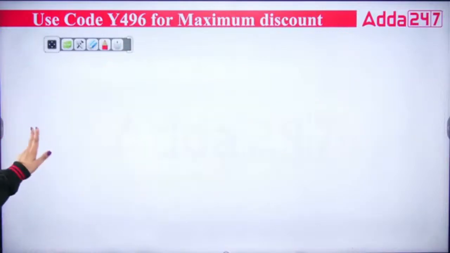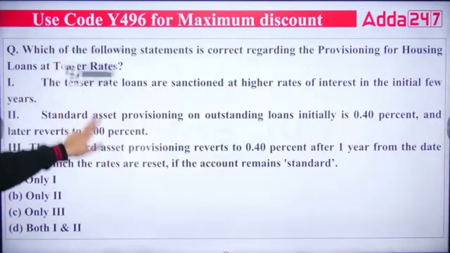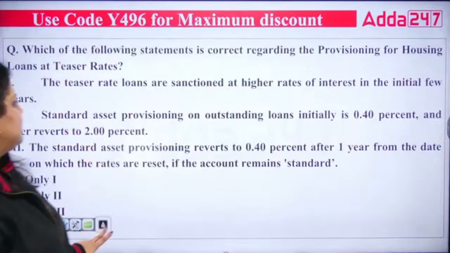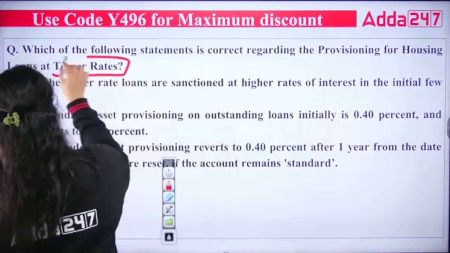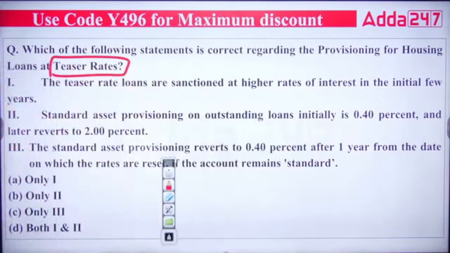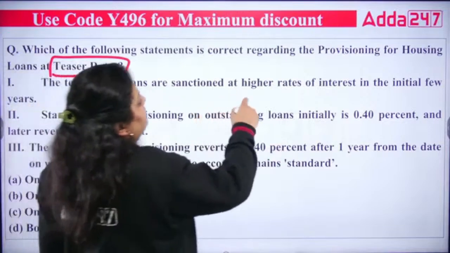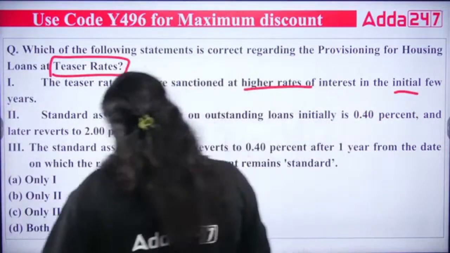Okay. Next question. Next is talking about which of the following statement is correct regarding the provisioning for housing loans at teaser rate. First is saying the teaser rate loans are sanctioned at higher rates of interest in the initial few years.